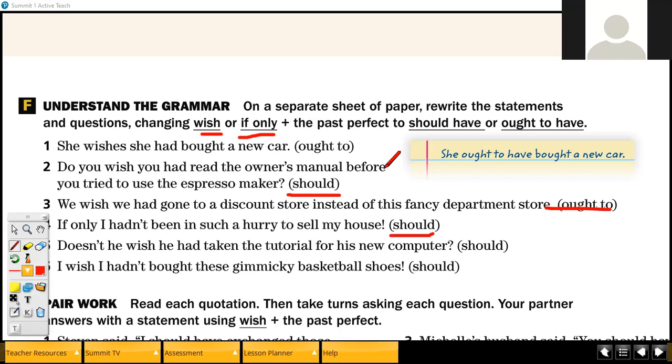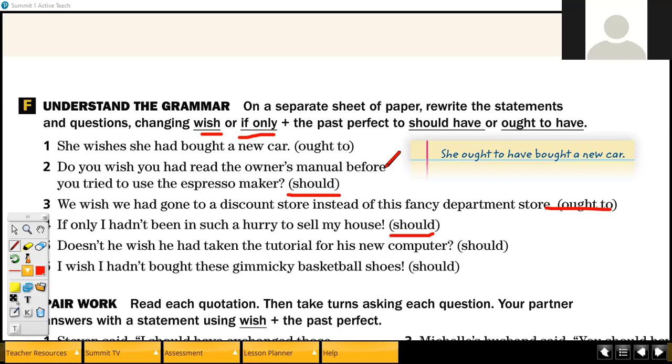We ought to have gone to a discount store instead of this fancy department store. Okay. We ought to have gone to a discount store.